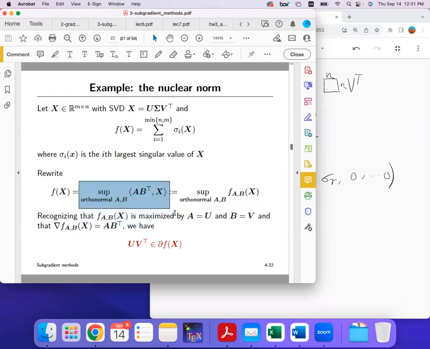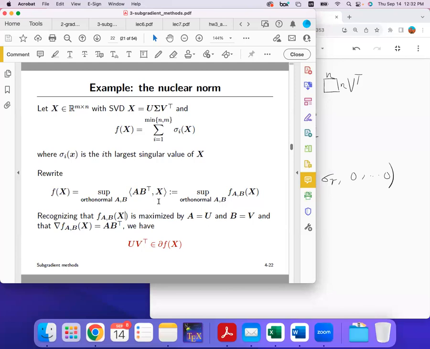It can be written in this way: take the trace product between A B transpose and X, where A and B are orthonormal, and then we take the supremum over all orthonormal A and B. Basically, you look at all possible orthonormal matrices A and B so that this matrix inner product achieves the supremum value.